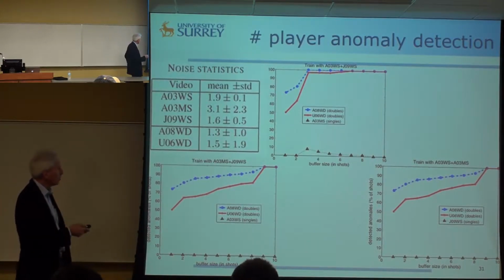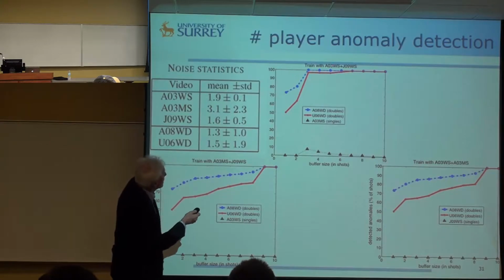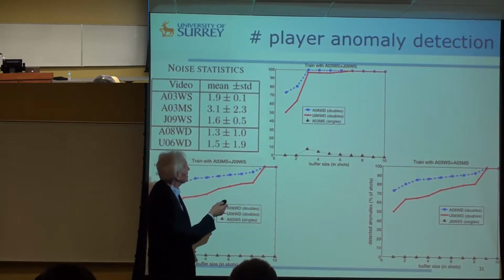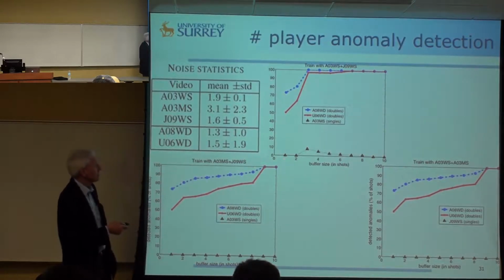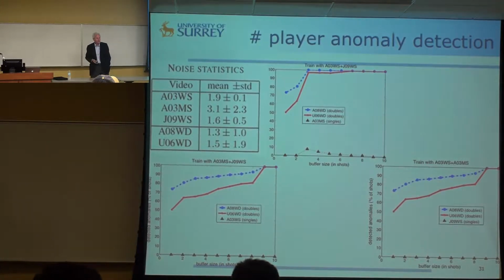And it all worked pretty well, but not in this case when we trained on Australian women singles and Japan women singles, and then the third tape, which was men singles, I think, was outputting some false anomalies.